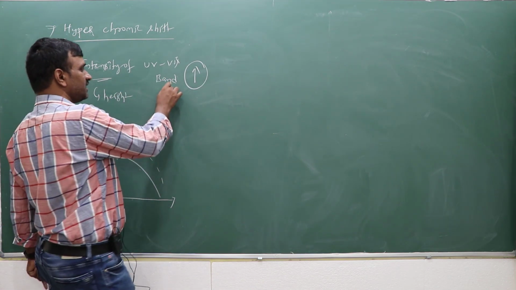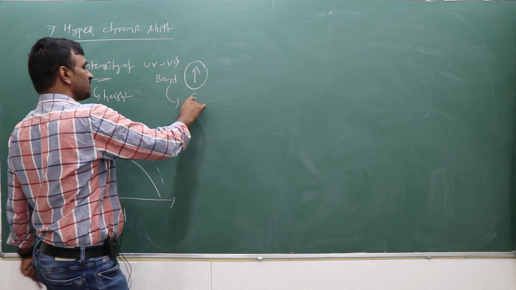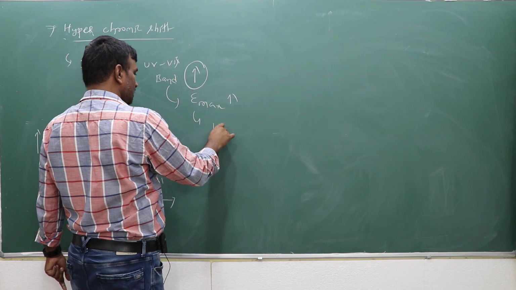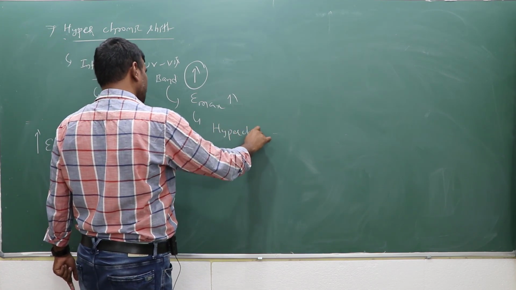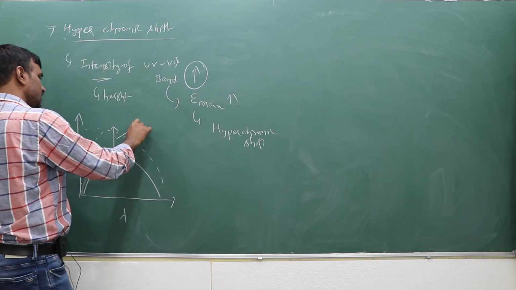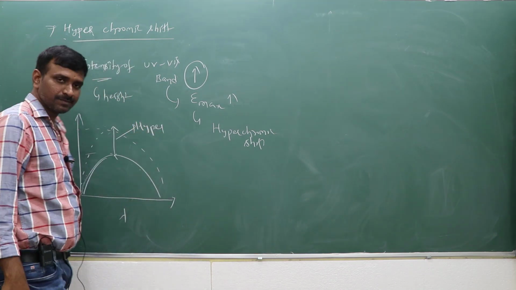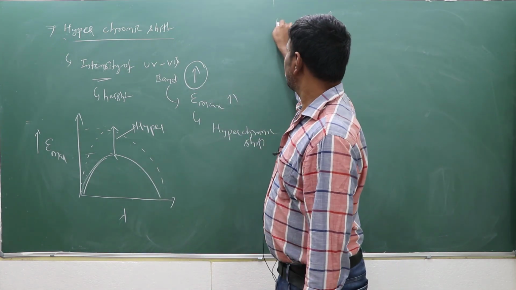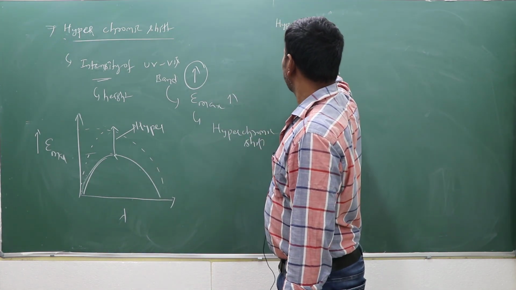When the intensity of the UV visible band, or epsilon maximum, increases, this shift is called the hyperchromic shift. Now, the last shift is the hypochromic shift.